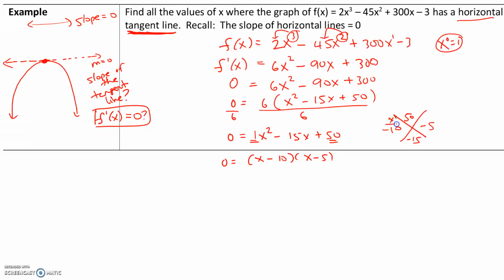I can just put an x in each of these; they don't need to be reduced. So by the zero product property, x equals 10 and x equals 5. So at the points x equals 10 and x equals 5, this graph is going to have a horizontal tangent line.